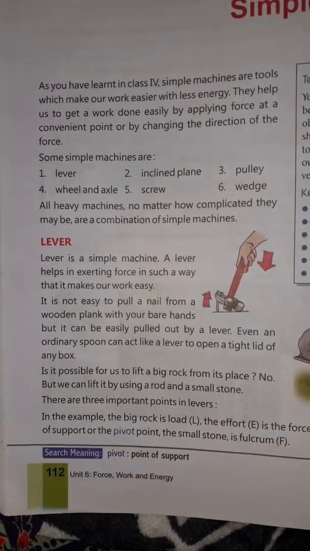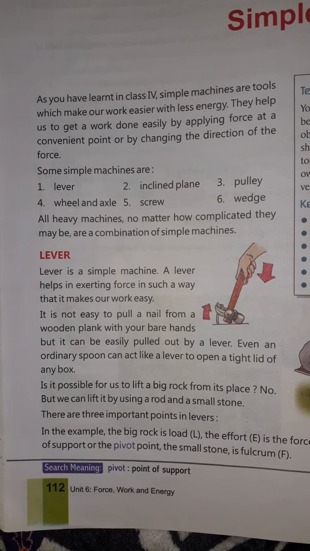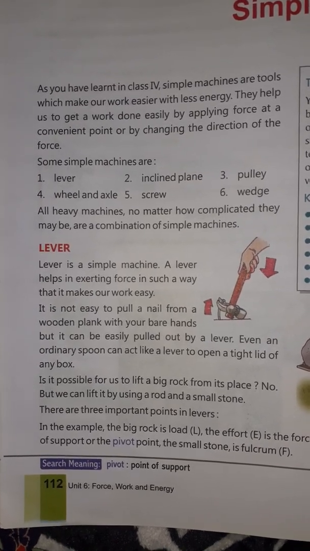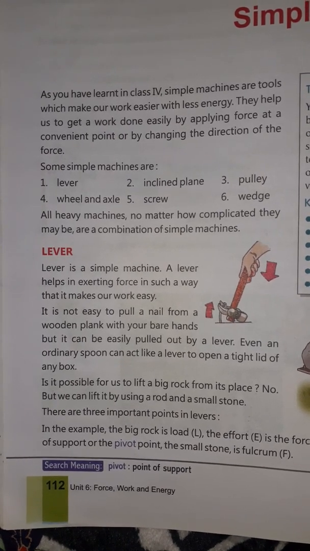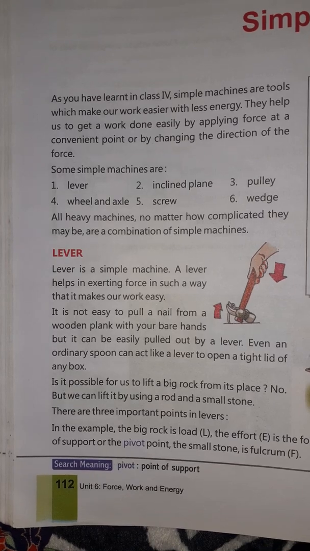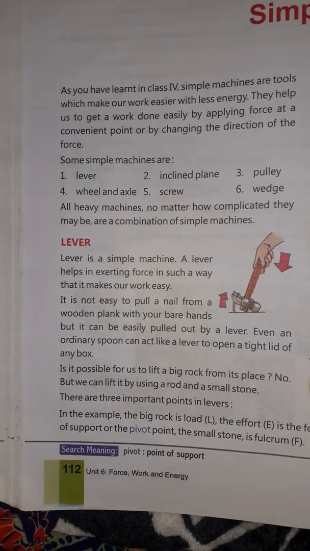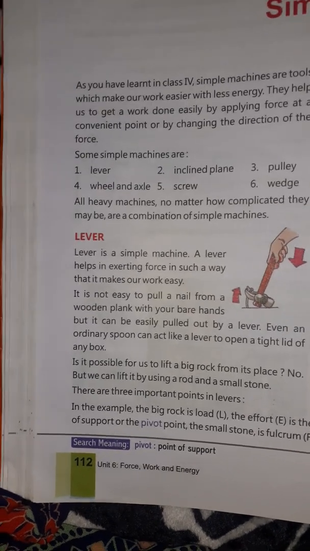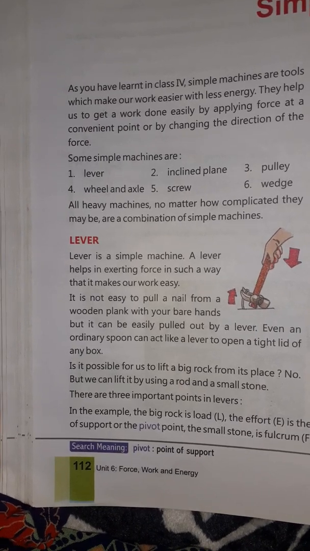Now, what are the simple machines? There are the lever, inclined plane, pulley, wheel and axle, screw and wedge. One by one we will talk about each type of simple machine. If a simple machine is a very small tool which makes our work easier, then what about the big machines?